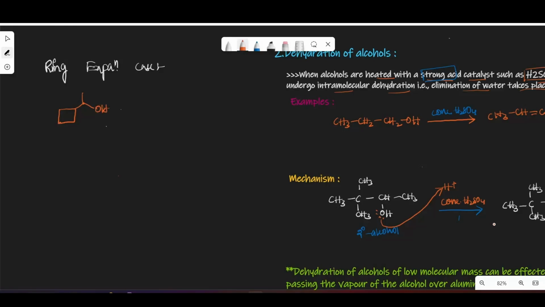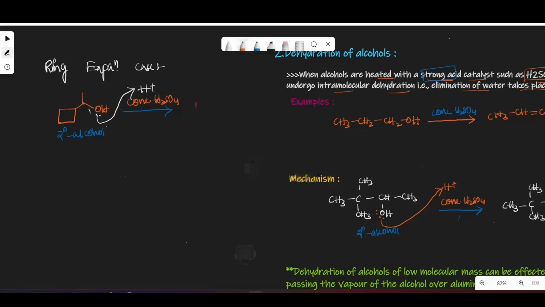Here it is a secondary alcohol. Let's take it in the presence of concentrated H2SO4. Same process: this is an acid, so we have this H plus. We have lone pairs on this oxygen. This will abstract this acidic hydrogen.